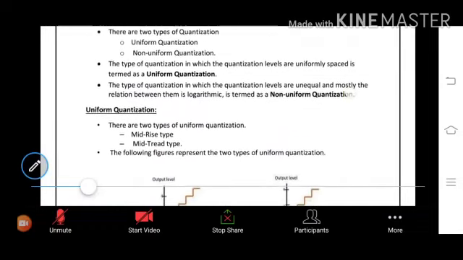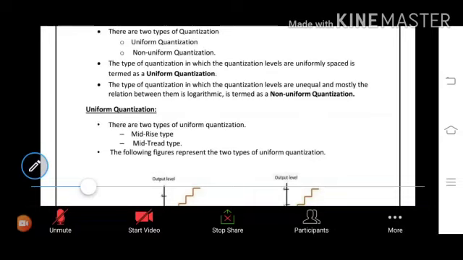There are mainly two techniques: uniform quantization and non-uniform quantization. Uniform quantization is the type of quantization in which the quantization levels are uniformly spaced. Non-uniform quantization is a logarithmic process.